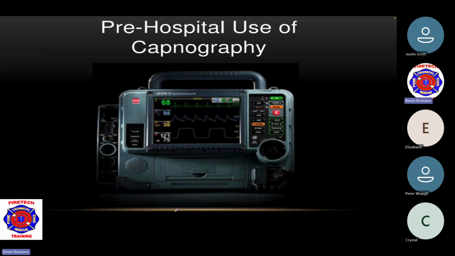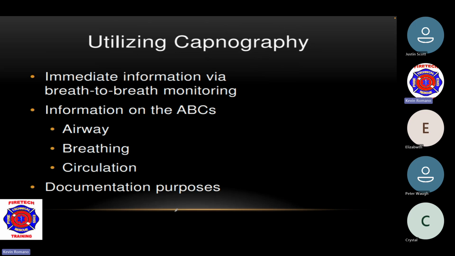So we talked a little bit about what it does, how blood circulates through the body, how we can oxygenate. Now let's bring in the pre-hospital use and why we're doing it. So utilizing capnography, we get immediate information via breath-to-breath monitoring. I want to know exactly what's going on pre and post treatment.